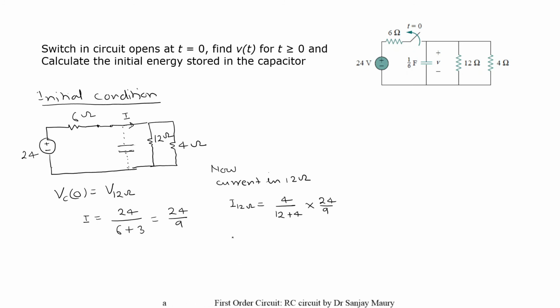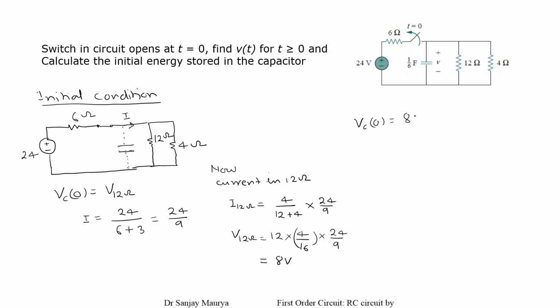Hence, the voltage across the 12 ohm will be 12 into 4 by 16 into 24 by 9. After solving this, we get 8 volt. So this V C 0, the initial condition, is equal to 8 volt.